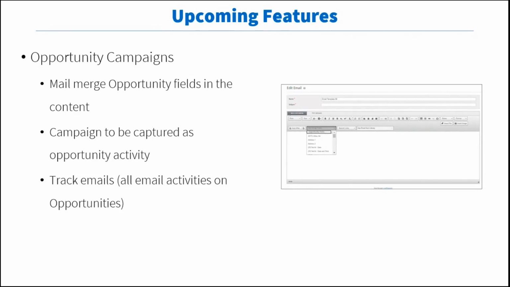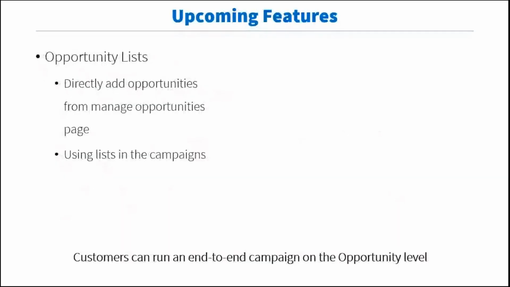And once you save this campaign and we're sending out these emails, like the one-on-one emails, these emails also will be captured on the opportunity level, and all the email activities like send, email open, email subscription, subscribe, unsubscribe, all of these can also be tracked in the opportunity campaigns.